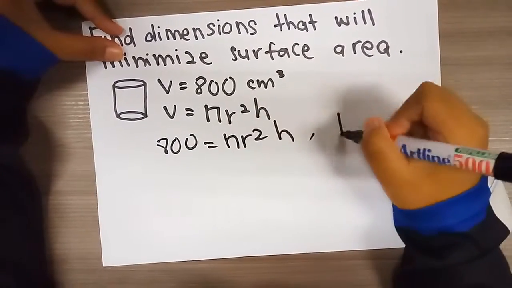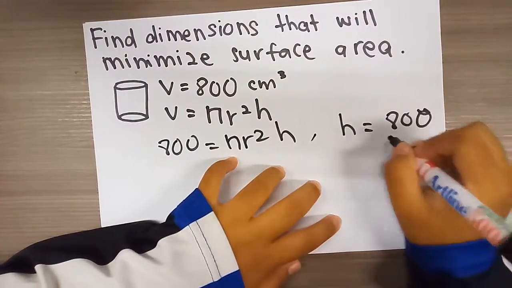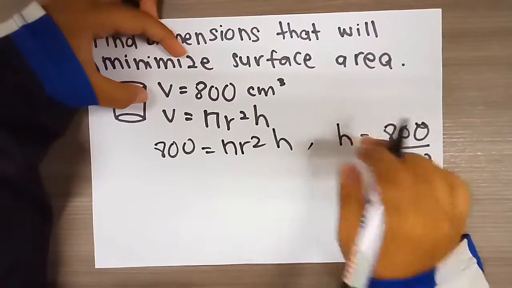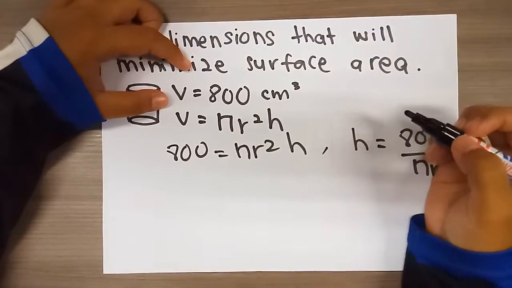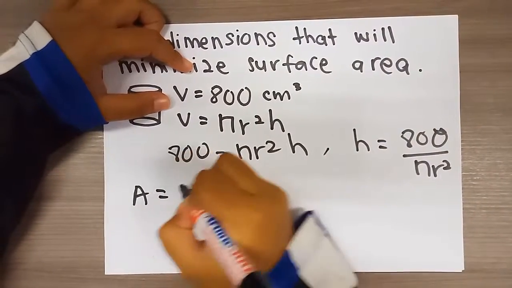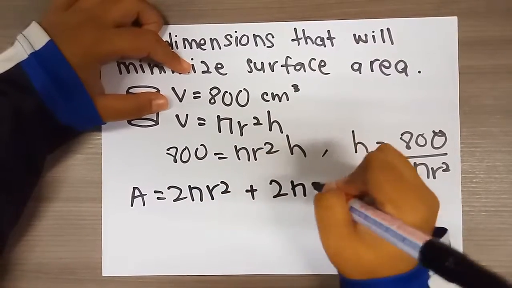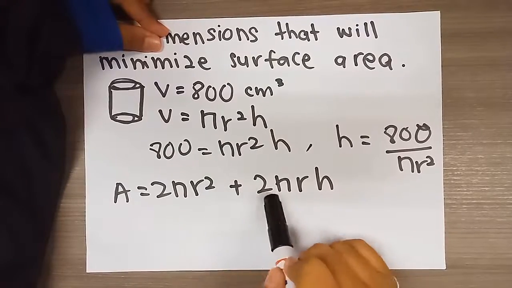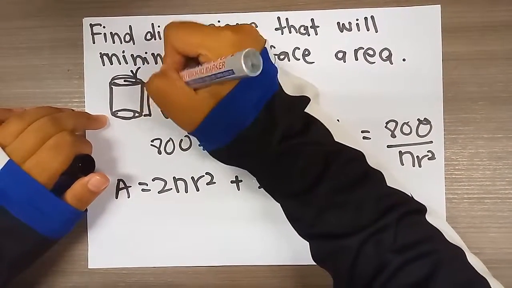So h equals 800 over πr². The formula for surface area is 2πr² plus 2πrh, where r is here and h is here.